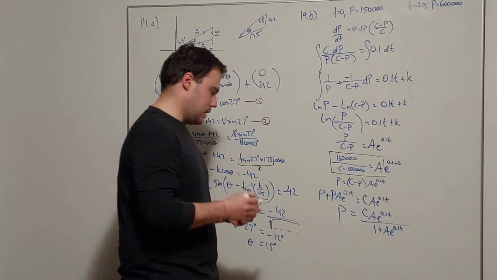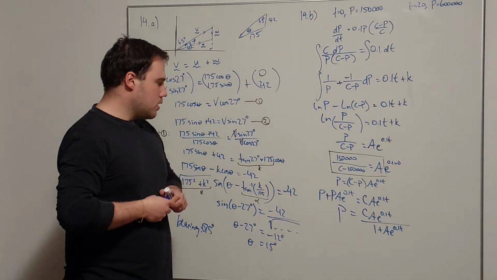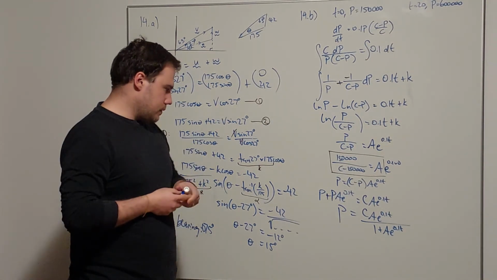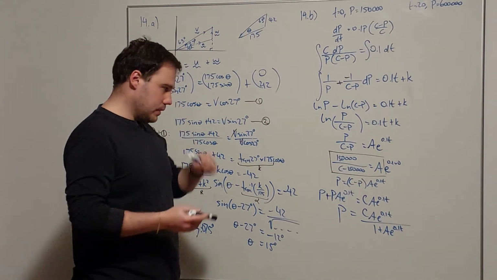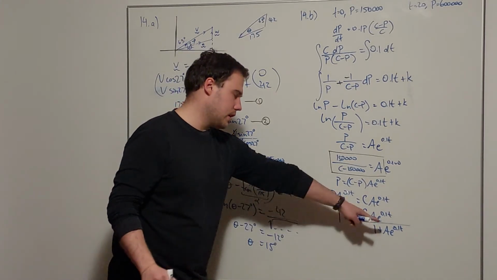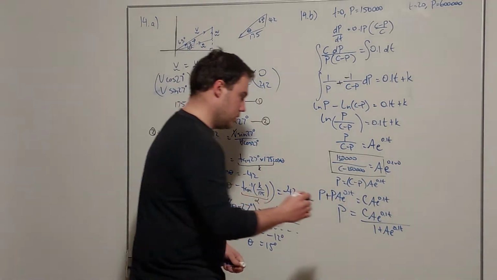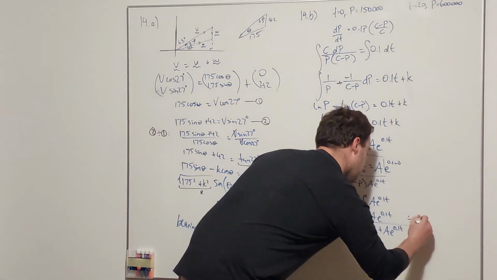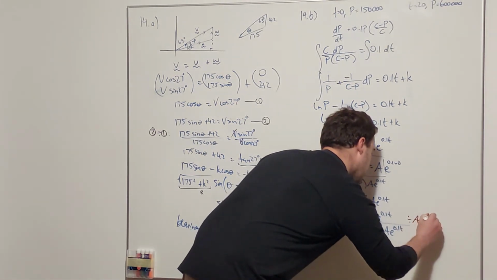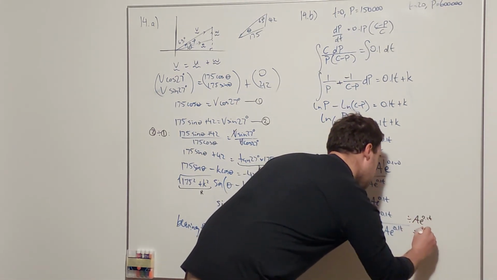And then the standard kind of move for a logistic equation is, since we just have one exponential term, we can divide throughout top and bottom by A e to the 0.1t.